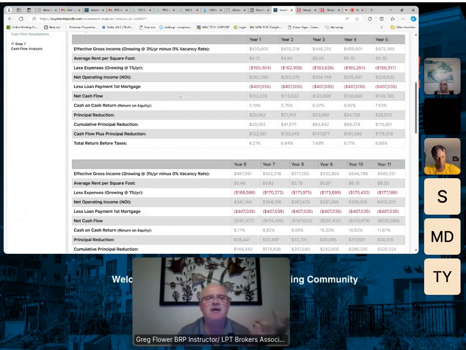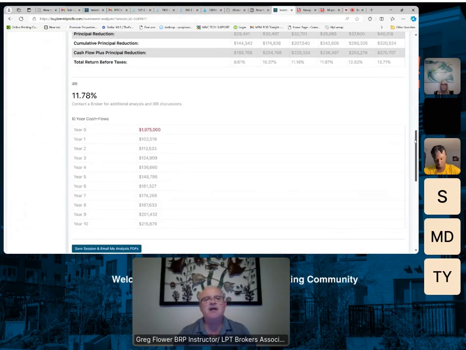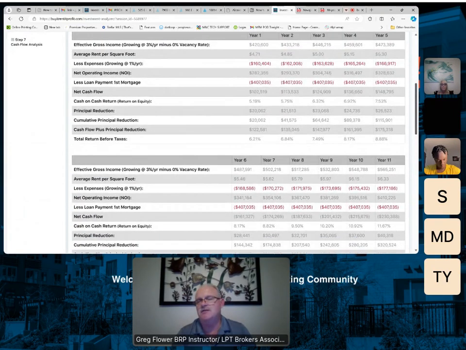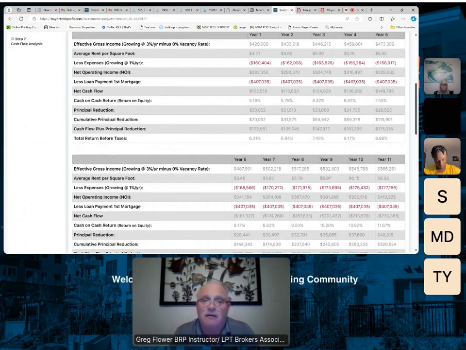You can change that by changing things, but cash on cash return, I think anywhere over 4.25 is good. Anything over 5 is very good, in my opinion. IRR, I like to see above 10. Cap rate, I would love to see 7 or higher.